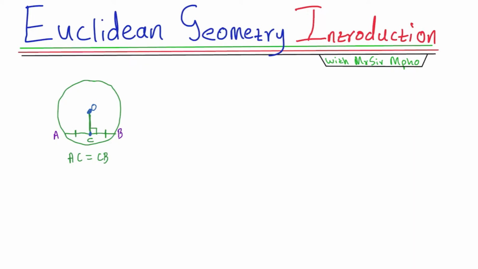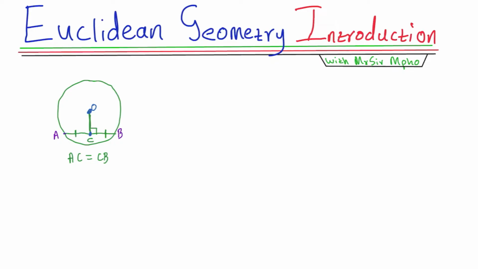Also, before I even go to the second theorem, because sometimes they also introduce it like this. You don't only start with the line drawn from center is perpendicular to the chord and therefore bisects the chord. You can also say the perpendicular bisector of a chord passes through the center of the circle. Does that make sense, guys? Let me say it again.